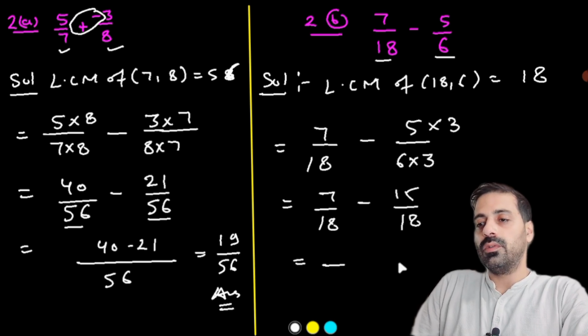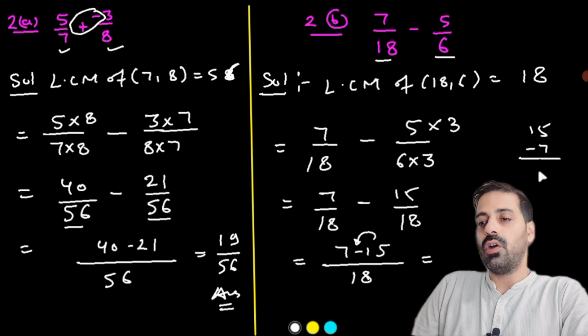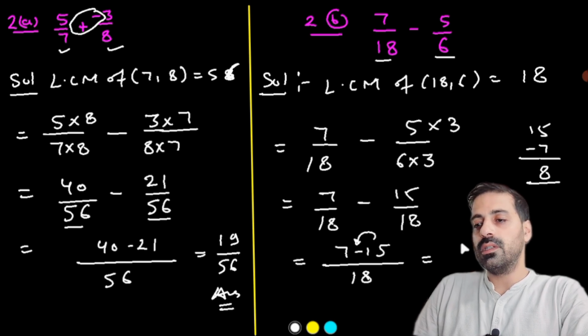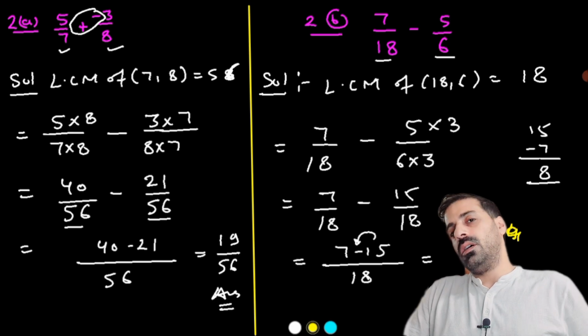Now the LCM is 18 and 7 minus 15, so 15 is greater here. So from this 15, 7 is going to be subtracted, and the final answer has the negative sign. So that will be 8. So negative 8 upon 18. They have a common factor 2, so 4 and 9. So the final answer is negative 4 upon 9.